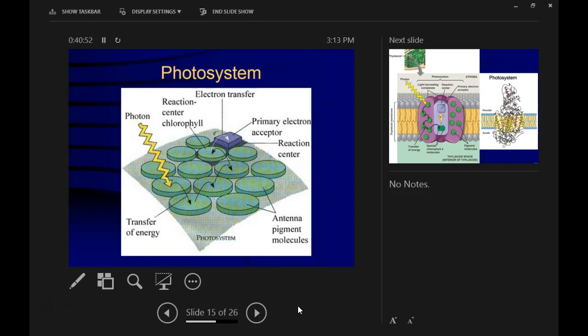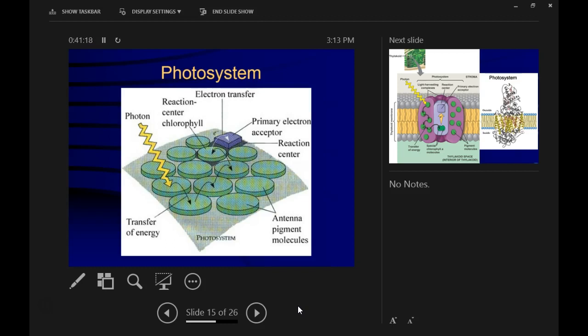Now, how a photosystem works is pretty basic. A photon comes in, it penetrates the leaf, let's say gets to the mesophyll, hits a plant cell, goes down, hits a chloroplast, hits a thylakoid, and strikes one of these photosystems.